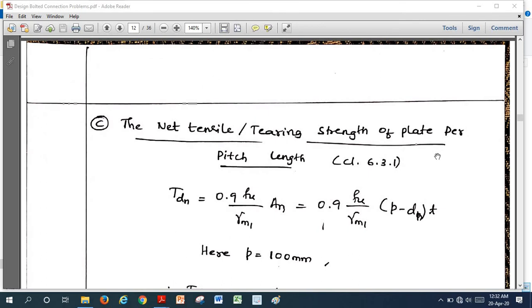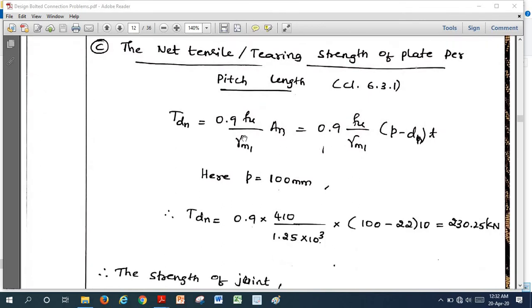If you calculate the net tensile strength, we should be careful here. This is the formula. What is A_n? A_n is actually the pitch minus n into d_h, that is the diameter of the bolt hole. Here what is n? n is actually 1, because if we take any line along the pitch, along the force direction, we get only one bolt hole.